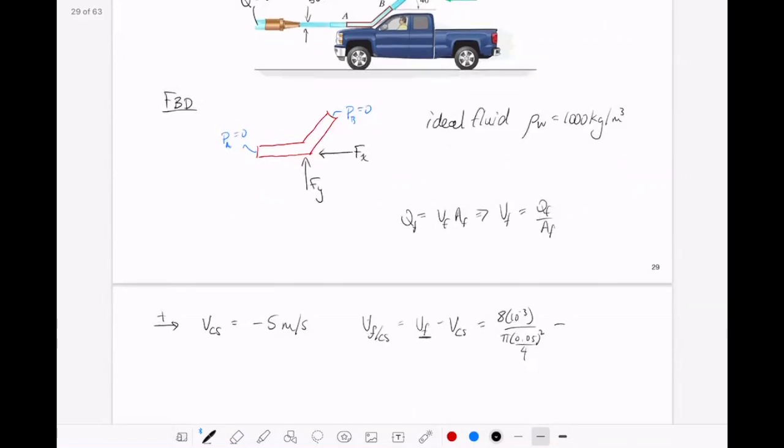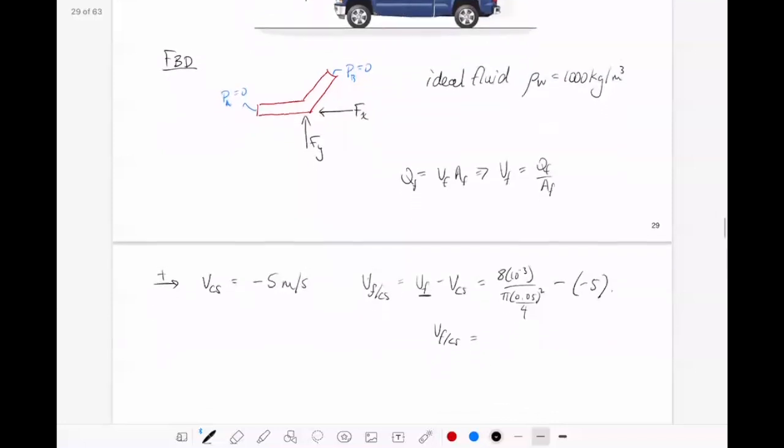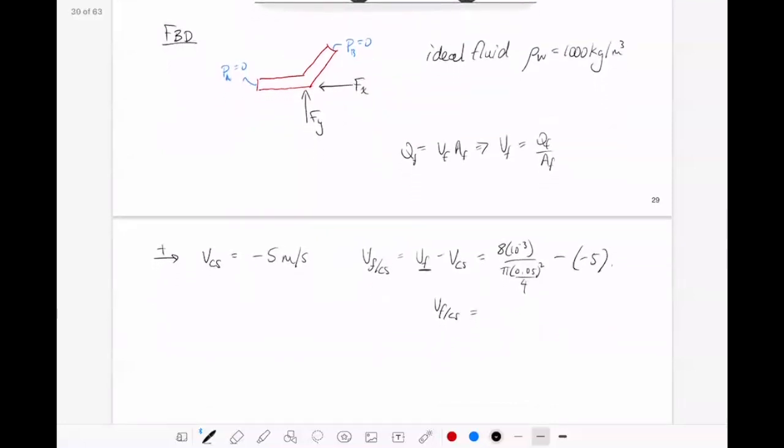And then our control surface velocity is 5, so minus 5. The velocity of our fluid with respect to our control surface at A is equal to 9.074 meters per second.